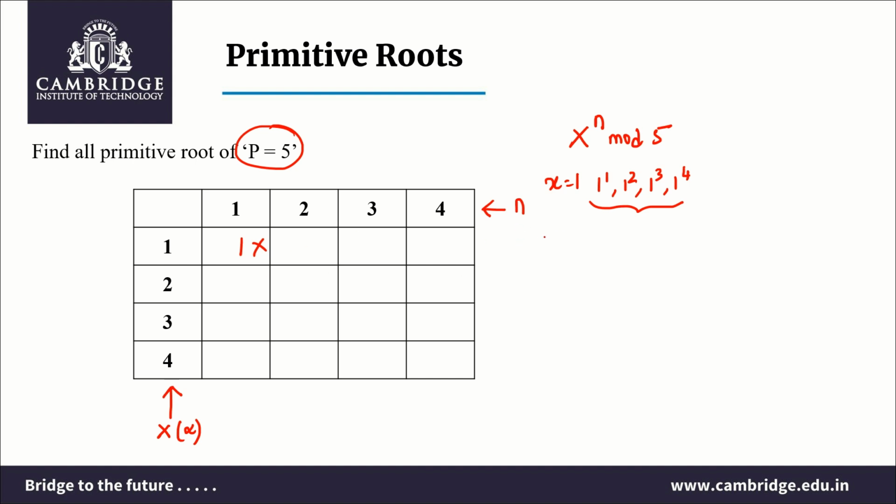Now let's take x equal to 2. For n equal to 1, 2, 3, 4, I apply this formula. 2 power 1 mod 5, I get 2. 2 square is 4, mod gives 4. 2 cube is 8, mod gives 3. 2 power 4 is 16, mod gives 1.